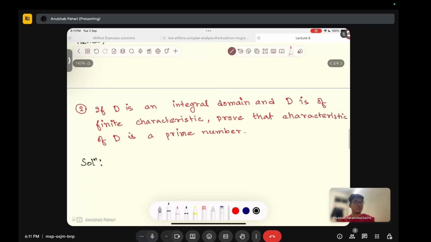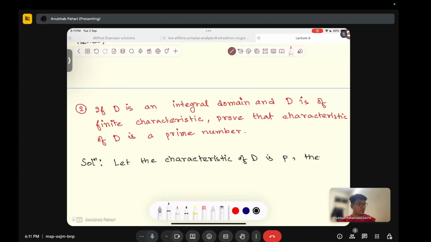So let us solve this. Let the characteristic of D be P. P is a number, not necessarily prime.